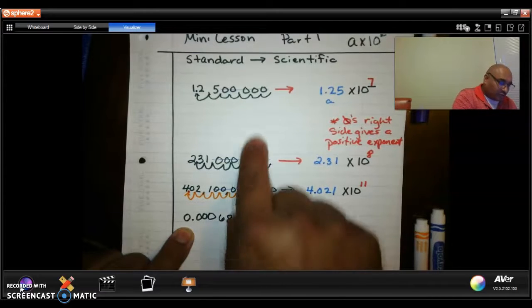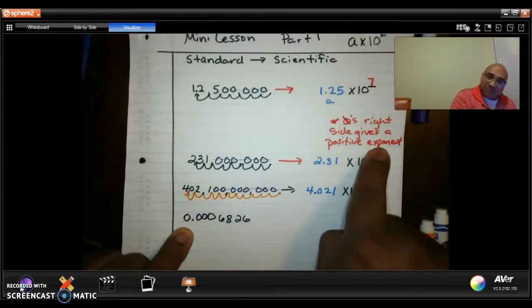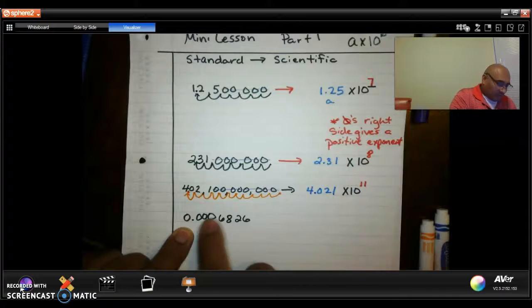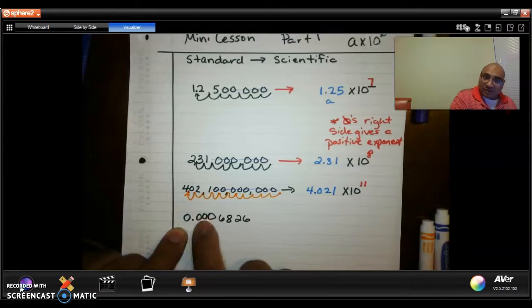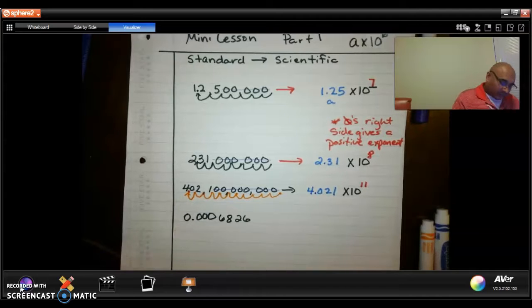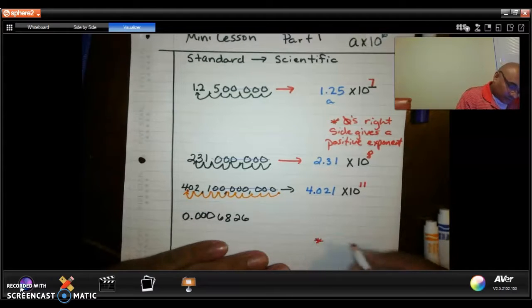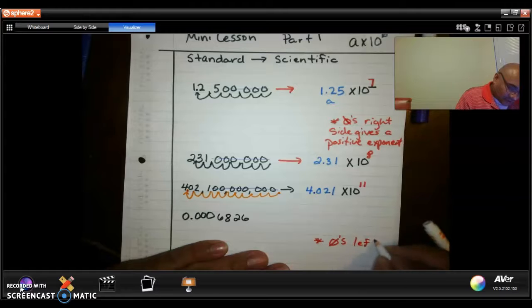Up here, the zeros are on the right, which gave me a positive exponent. Because the zeros are on the left, over here, that means we're going to have a negative exponent. So make a little note to yourself: zeros left give negative exponent.